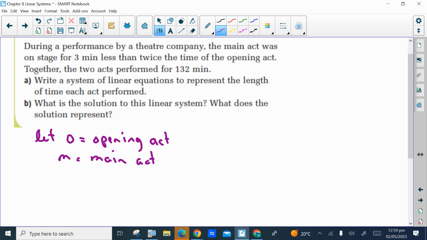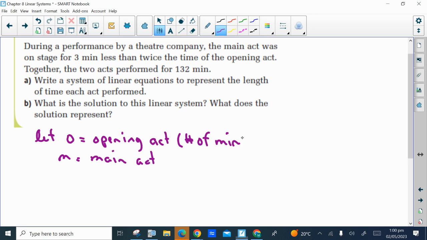And what we're talking about here is the number of minutes for each act. That's what we're really calculating here. That's what O will represent, the number of minutes for the opening act, and M would be the number of minutes for the main act.